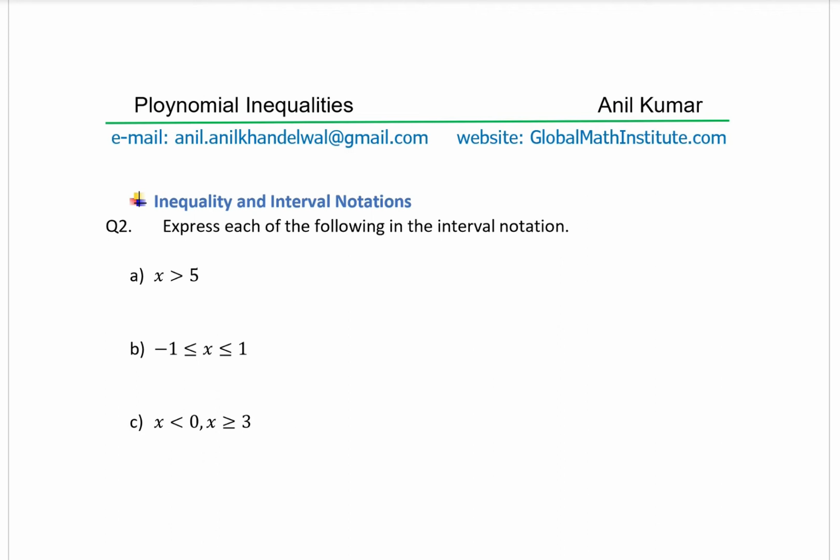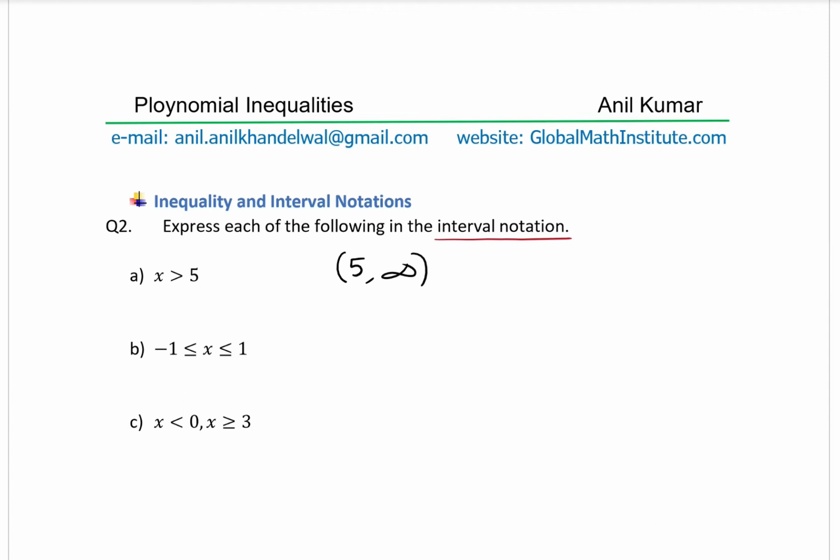So now we have to write in interval notation. We are already given the inequality, right? Greater than and less than types. So when we are saying x is greater than 5, then 5 is not included. So we'll write 5 with this kind of a bracket, and greater than has got no bound and it is infinite.